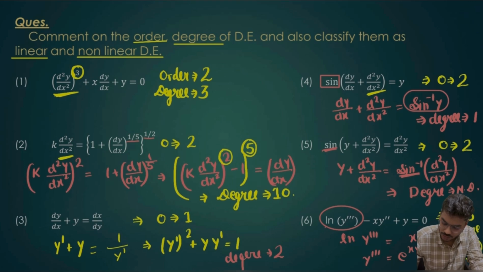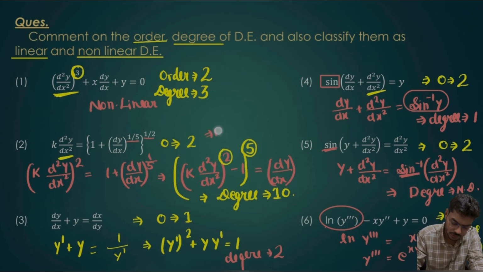Now comment on which one is a linear differential equation and which one is not. The first one is a non-linear differential equation, because the degree is more than 1. The second one is also non-linear. The third one is also non-linear.